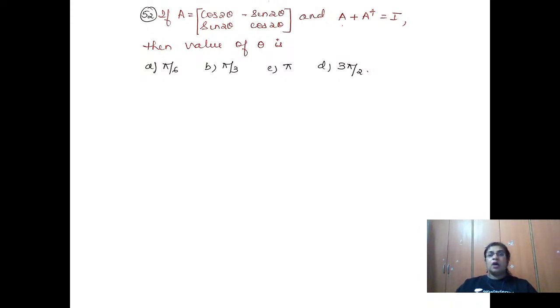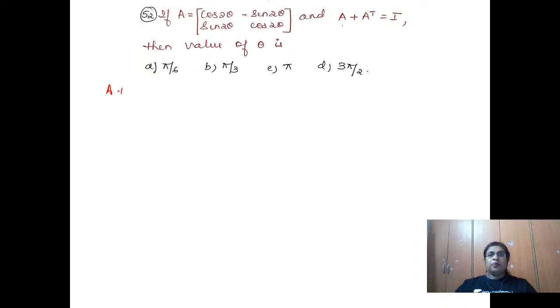Transpose is where the rows and columns are interchanged. And I is the 2 cross 2 identity matrix. Having that idea, we have to find the value of theta. Let us start how to solve the question.